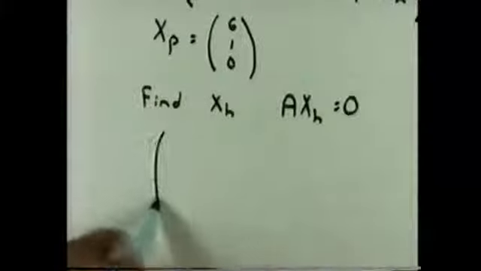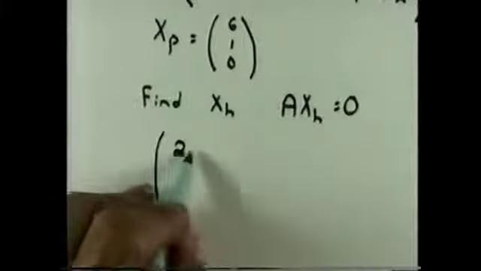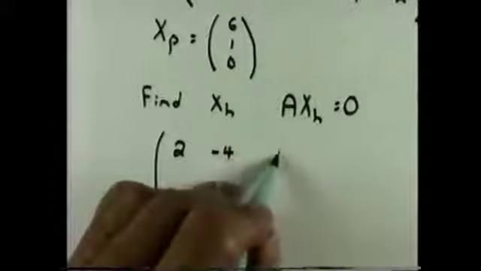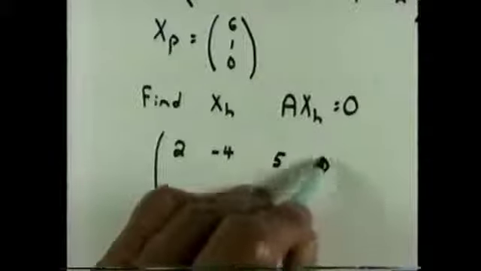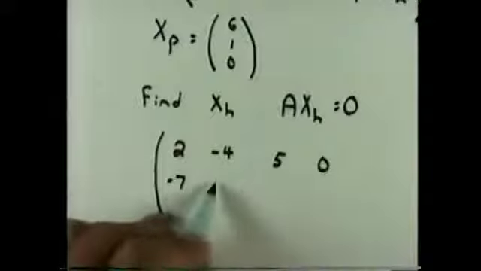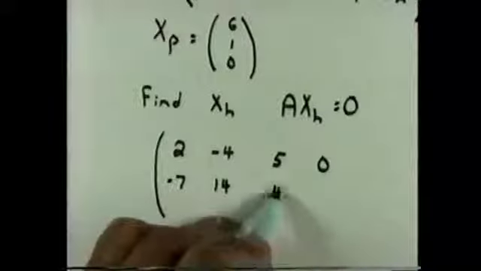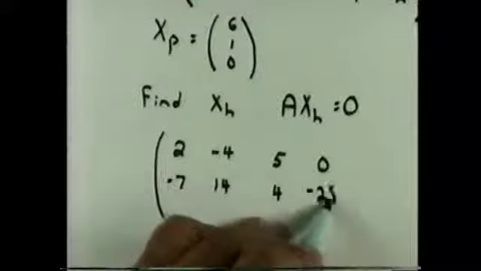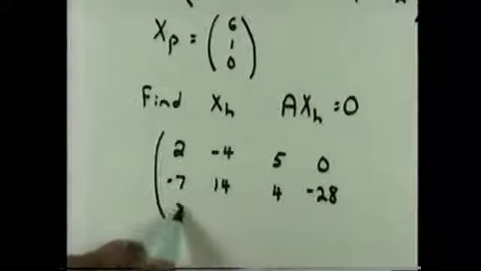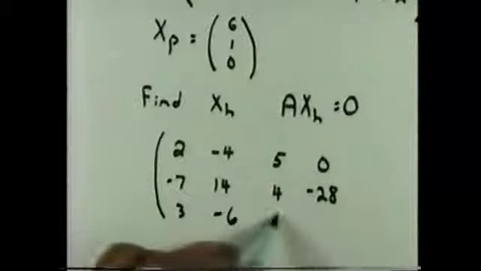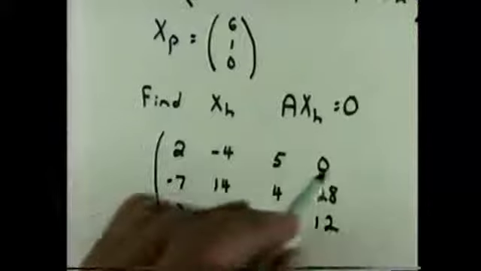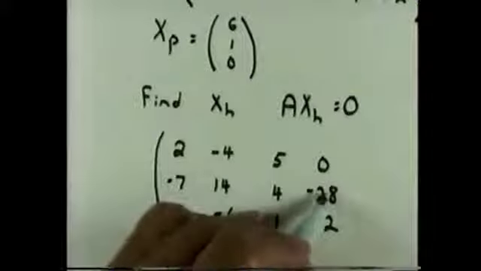Well, the matrix for that one is going to be 2, negative 4, 5, 0, negative 7, 14, 4, negative 28, 3, negative 6, 1, 12. I'm sorry, these are zeros.